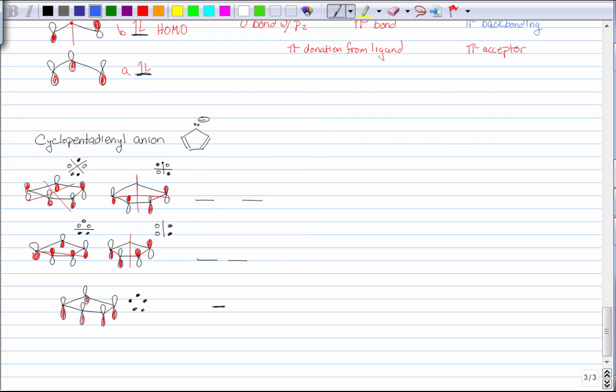Each of these orbitals has compatible symmetry with some of the metal valence orbitals. I've written those orbitals in blue here. And before I move on, I'm going to fill up my molecular orbitals with the appropriate number of electrons. I have 6 electrons in this pi system, and so that makes these 2 orbitals my HOMO, and these 2 orbitals are my LUMO.